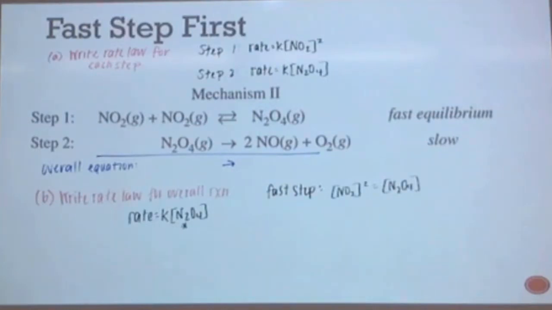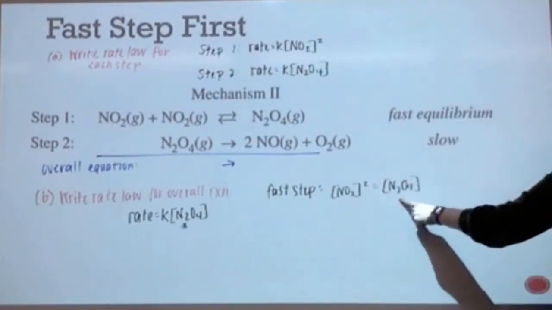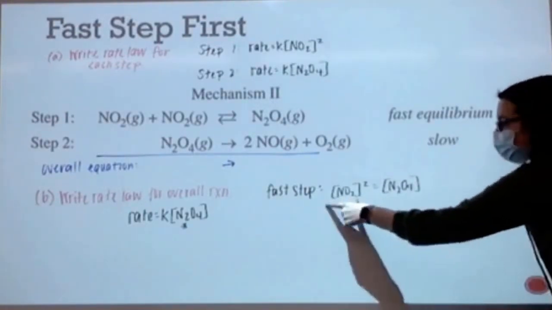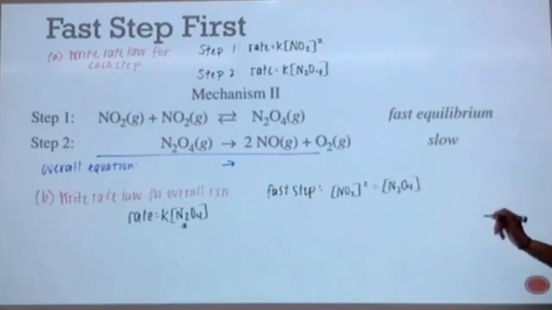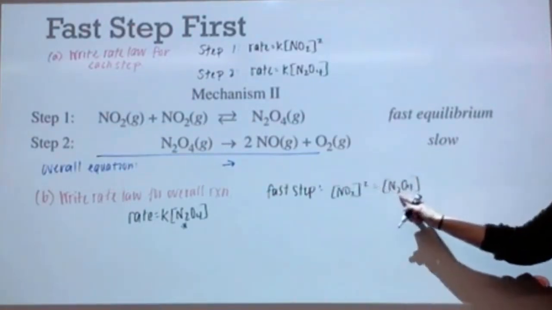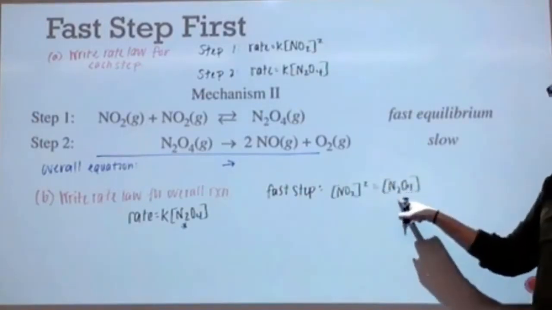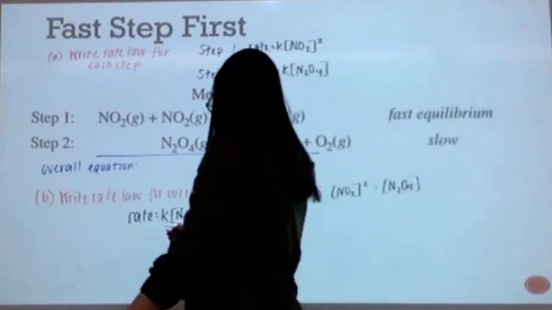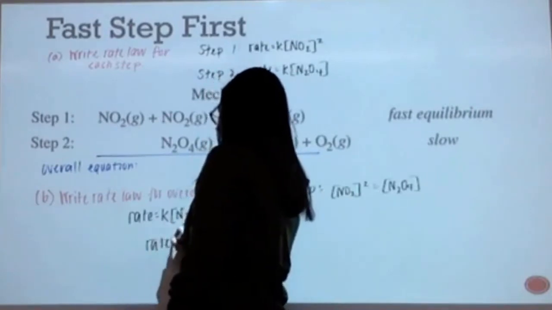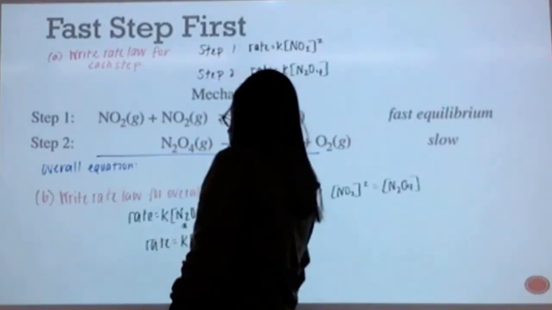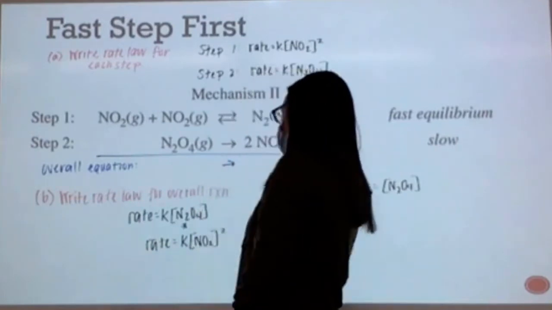So I would solve the fast step for the intermediate. It already is. It's already solved for the intermediate, which is N2O4. Plug that into the overall rate law. So instead of having N2O4 in the rate law, I'm going to plug NO2 squared in wherever I see N2O4. So rate equals K times NO2 squared.